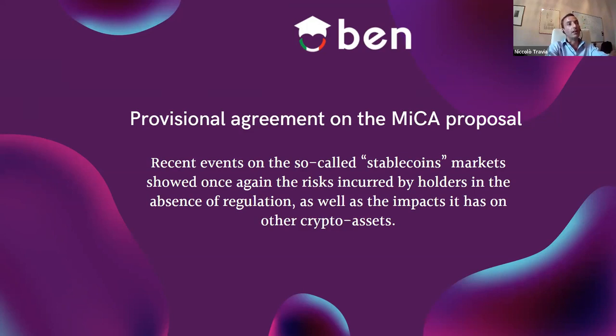So what we can notice is that regulation often follows a systemic shock. This was represented by the announcement of Libra, and now is represented by the collapse of Terra Luna. Obviously, the perspective of the European legislator is the risk-based approach.